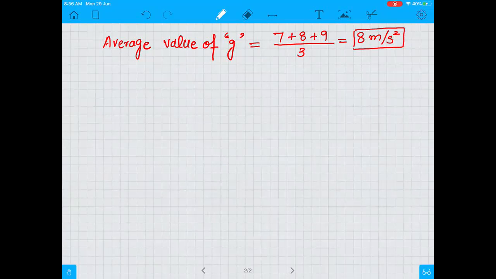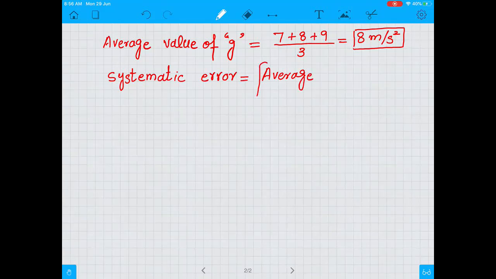Now, according to formula, the systematic error would be the average value of G. This formula is always applicable. Subtract the actual value from the average value, and then you will get the systematic error.